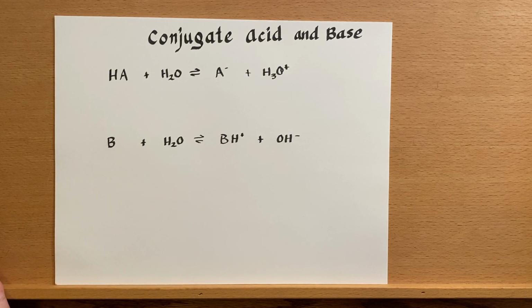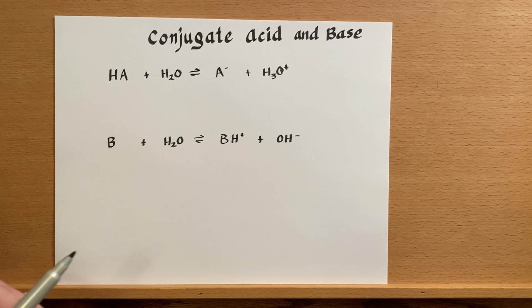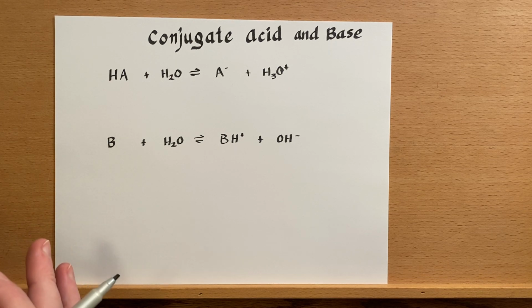Conjugate acids and bases. So we've talked a little bit about identifying what's an acid and what's a base, and we'll probably spend some more time on that. But let's talk about something that can help us identify what an acid and a base is, because each acid and each base has what's called a conjugate, a counterpart.